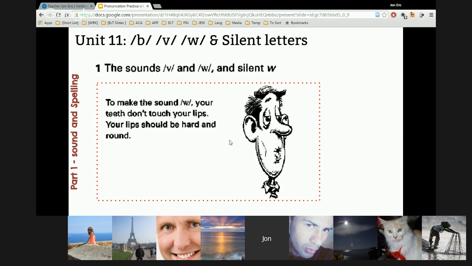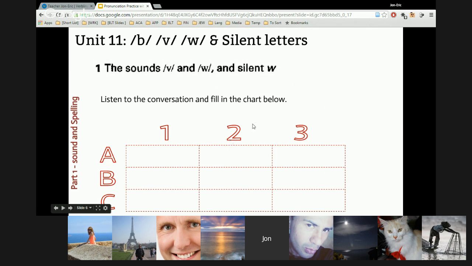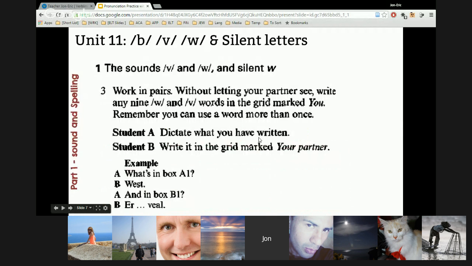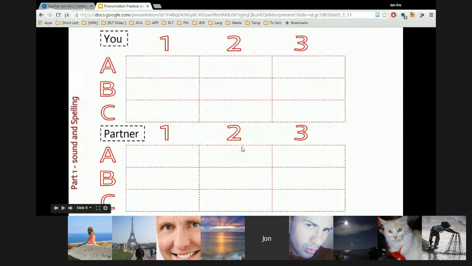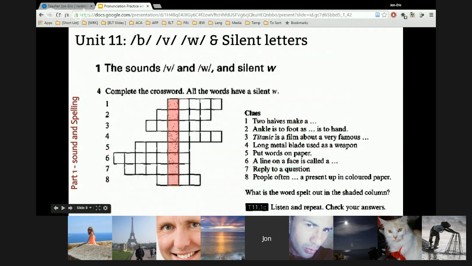We looked at the W sound just to compare how we physically make the sound, what the difference is. We played a little game, kind of like a bingo, where you had to fill in different words that you heard. First I did it with you, and then later you did it with each other. And that's kind of where we stopped. So I want to pick up right there, and we'll review what we need to review.